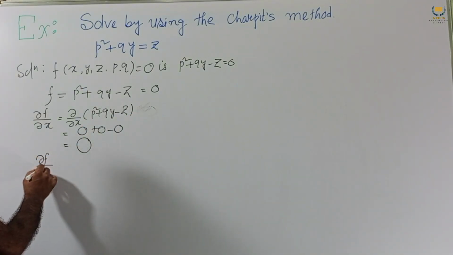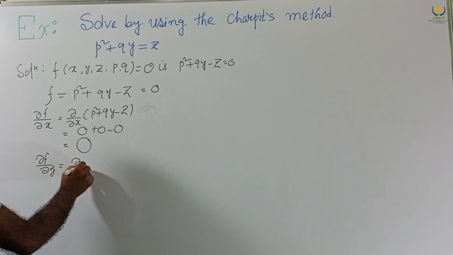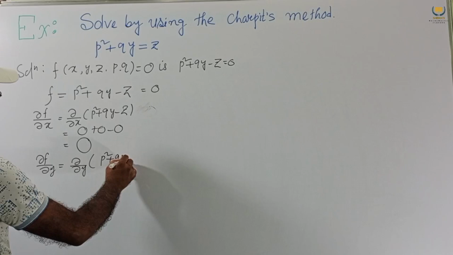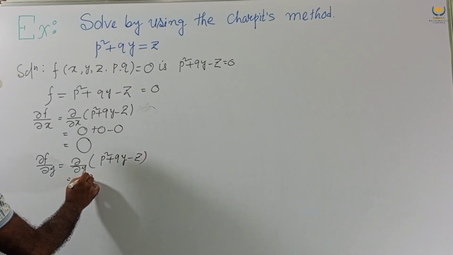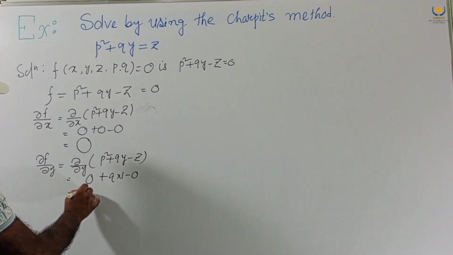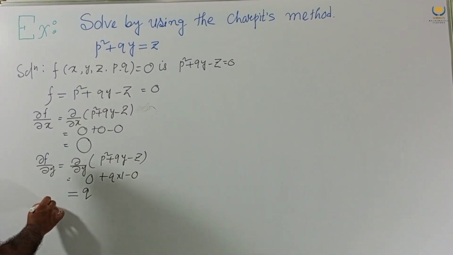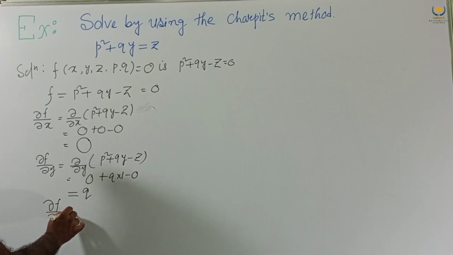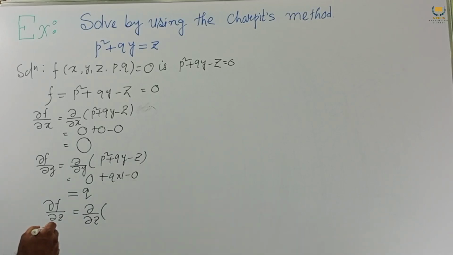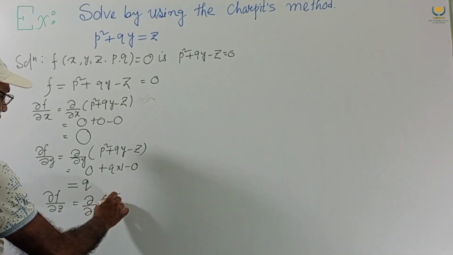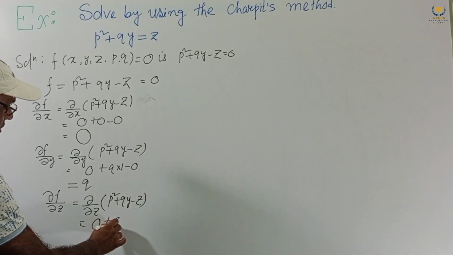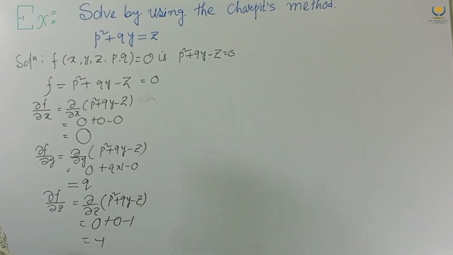Del f del y: this is 0, this is q into 1 minus 0, this equal to q. Del f del z: this equal to 0 plus 0 minus 1, this is minus 1.